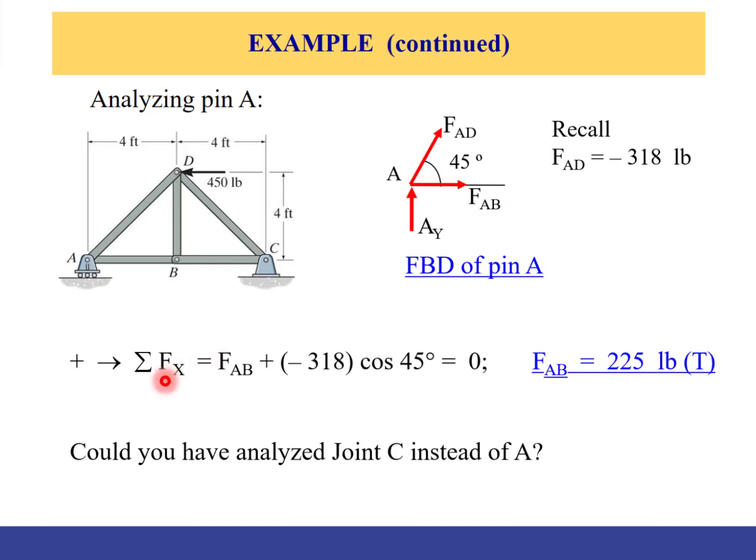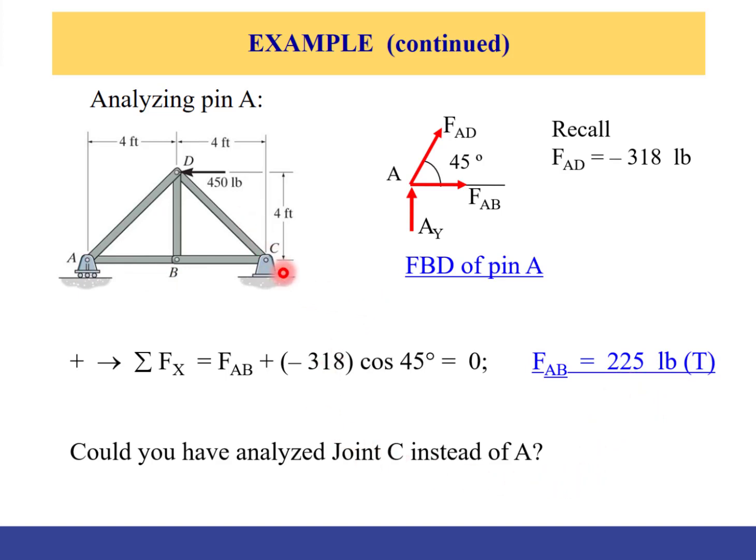So for that you need to apply summation of forces in X equal to 0, which will equal FAB plus cosine 45 multiplied by FAD, and when I substitute FAD, I must substitute the negative, because my assumption here is still tension, and that would give you that FAB is under tension and it's positive.